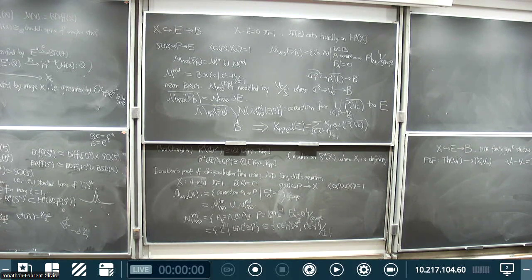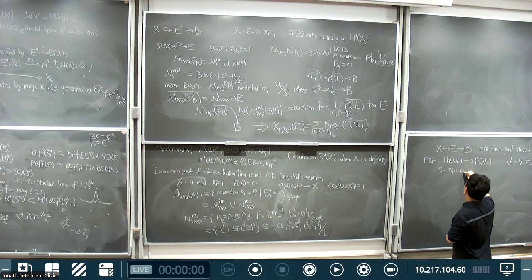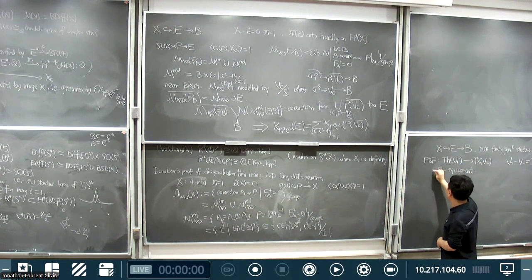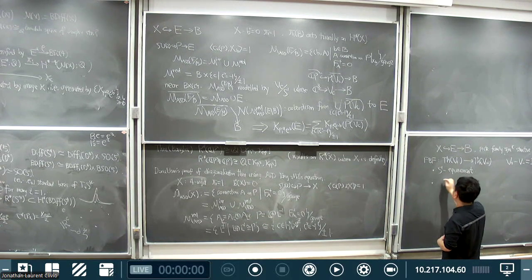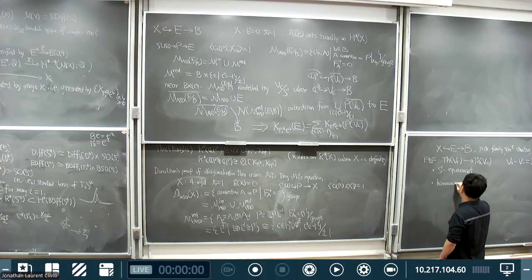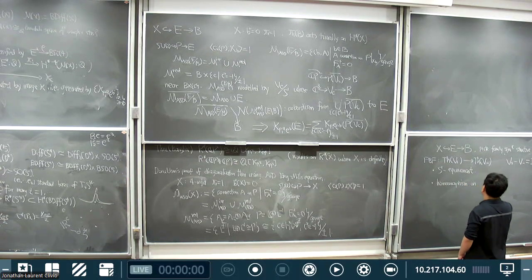This map, what does it satisfy? It's just one divided. And second, it is a homomorphism as S1.